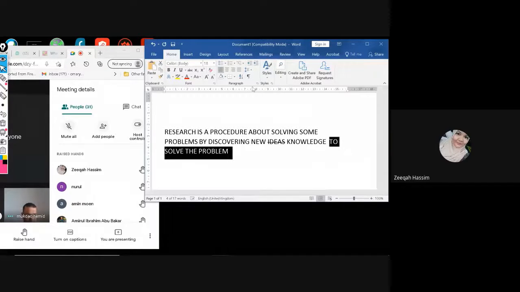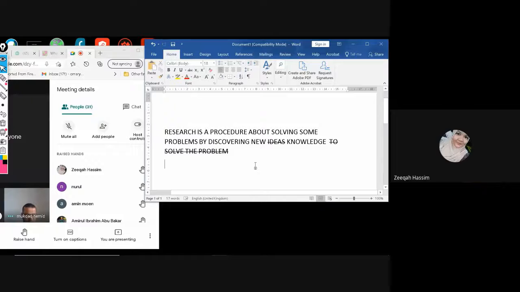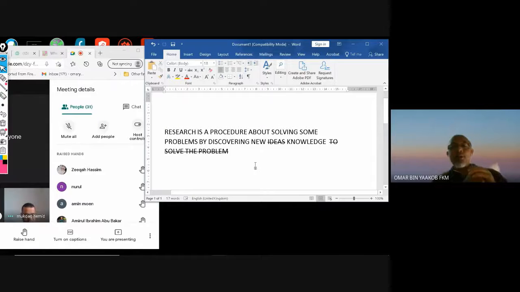Yes, correct. Okay, I put it there, but let other people think about it. All right. Okay, thank you, Zika. So now, after Zika has already edited it: research is a procedure about solving some problems by discovering new knowledge. Okay, is that okay? Zika, you can put down your hand.